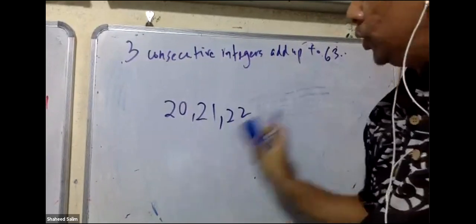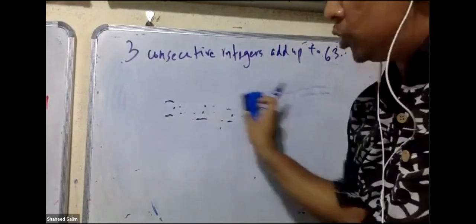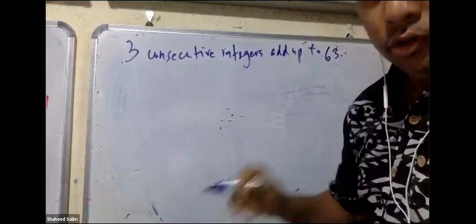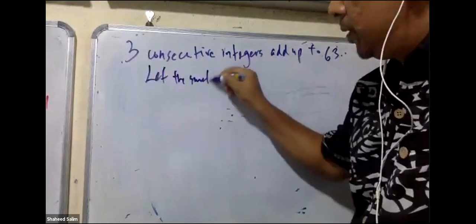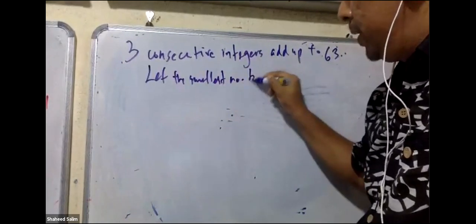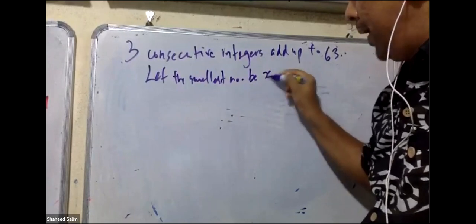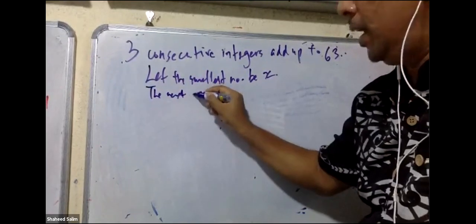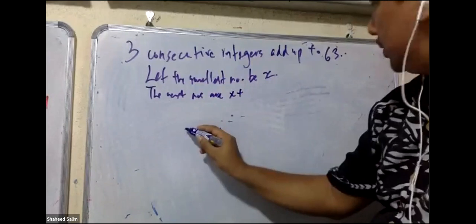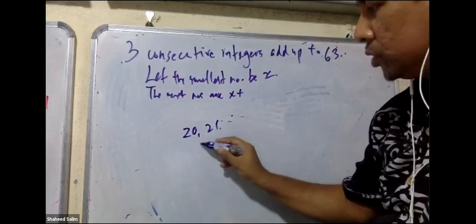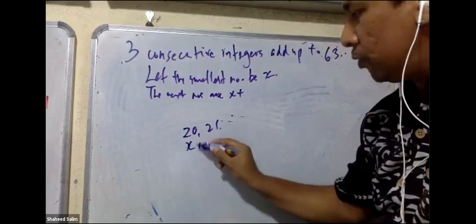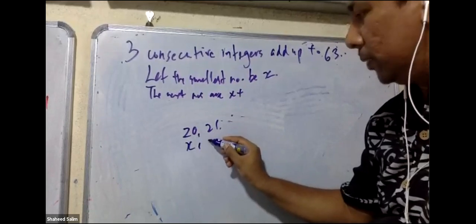Let us see how to do this. I do not know that it's 20. So I'm going to show you step by step. Let the smallest number be x. The next two numbers are x plus, that's not 20, then got 21, right? So from x, 20 plus what equals 21?